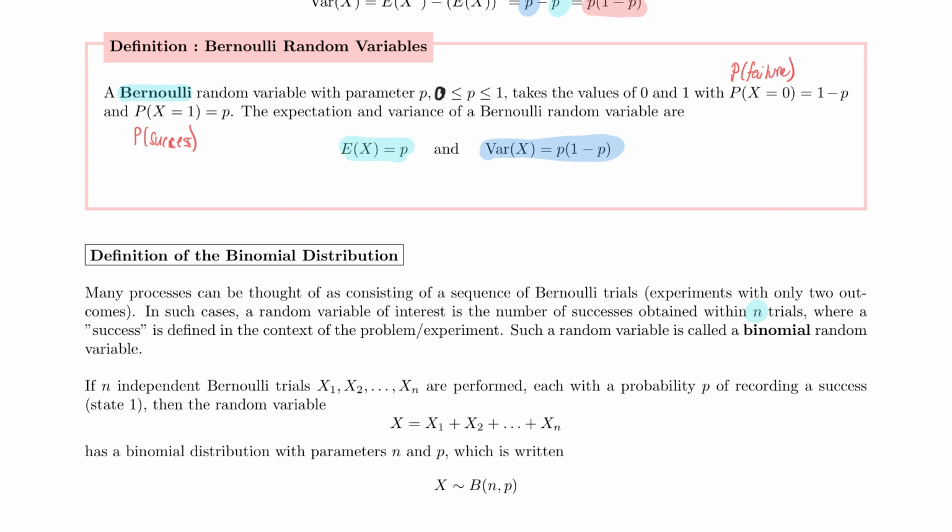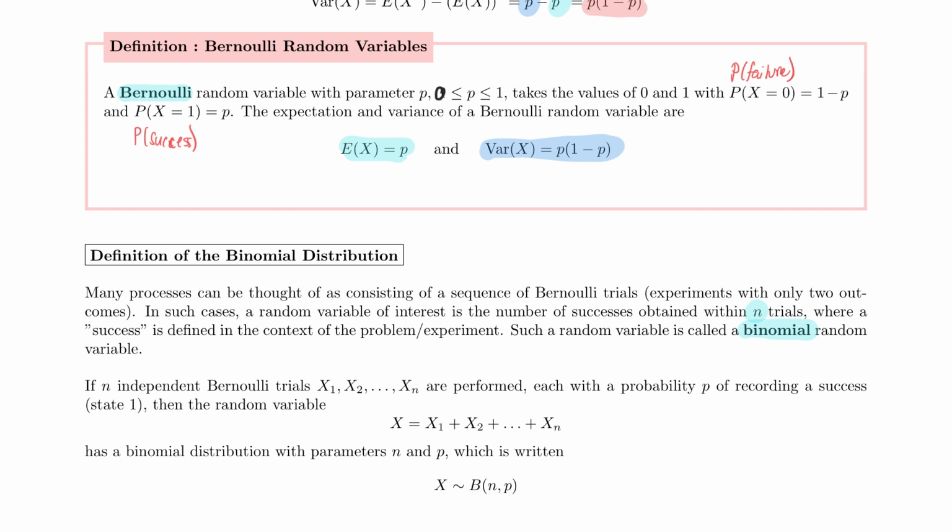If we run these n experiments, then we can start to build what we are going to call our binomial distribution. So if we call our random variable x, and it is a Bernoulli random variable that only has 2 possible outcomes, but we're running n trials using this random variable, then we call our random variable a binomial random variable.